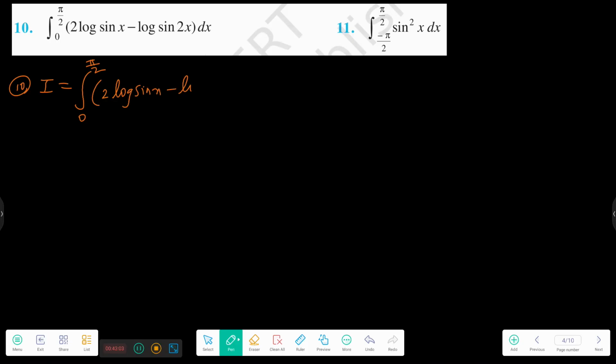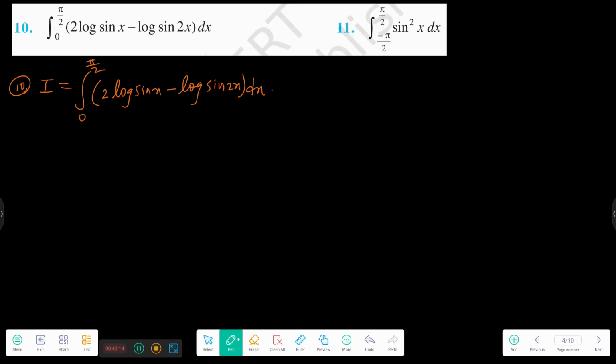Now question number 10. I is equal to the integral from 0 to pi by 2 of (log sin x minus log sin 2x) dx. Children, listen. You can notice one thing.